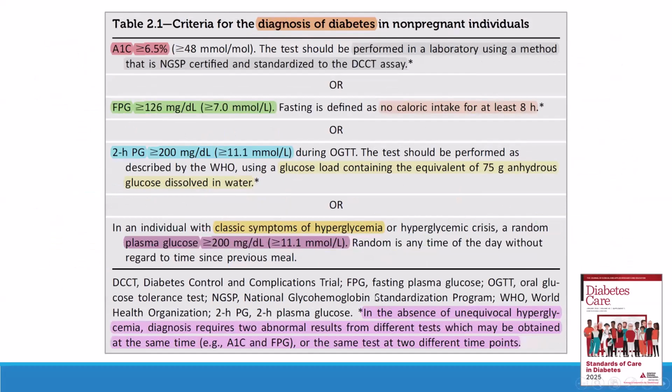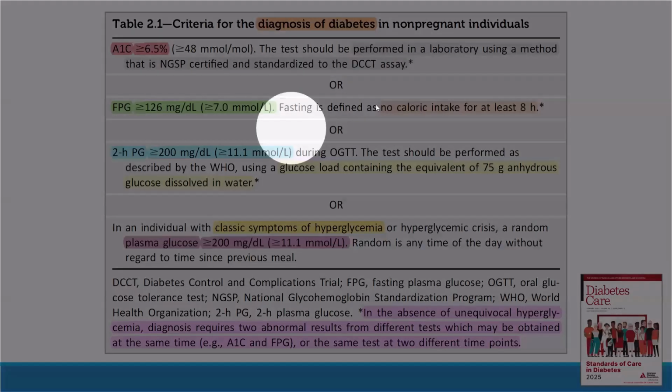And this is diagnostic criteria for diabetes mellitus. And as I mentioned, which is very important, the fasting has a specific criterion: no caloric intake for at least 8 hours. The hemoglobin A1C should be performed in a laboratory using a method that is NGSP certified and standardized to the DCCT assay.